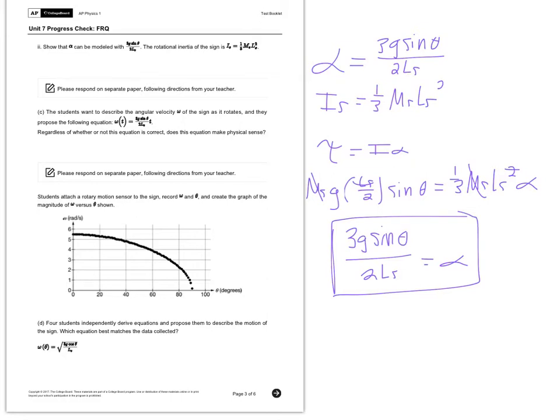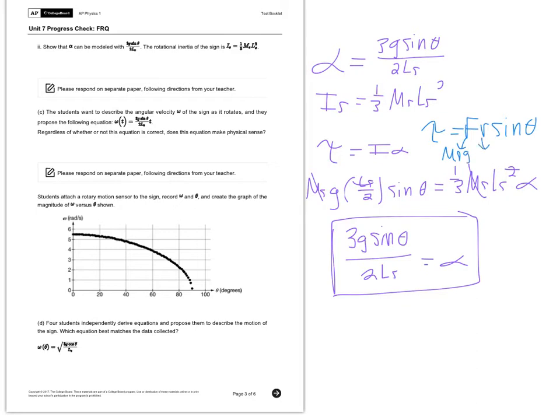So this question was worth 3 points. First thing they wanted you to do was to somehow show torque equals I alpha, so Newton's second law for rotation. Second thing they were looking for was a correct substitution for torque. So once again, T equals FR sine theta, where the force is your weight, MSG.